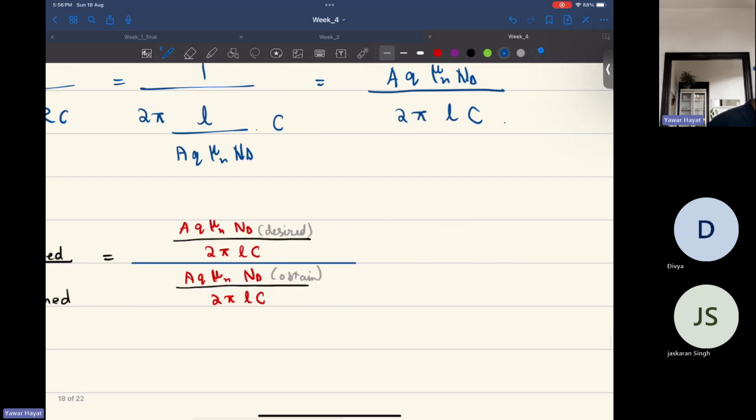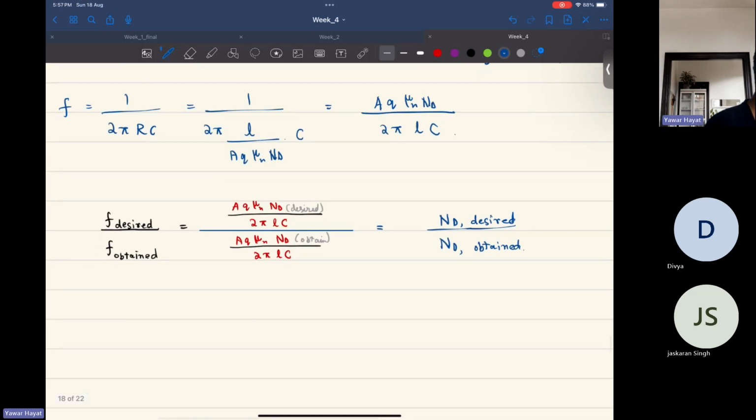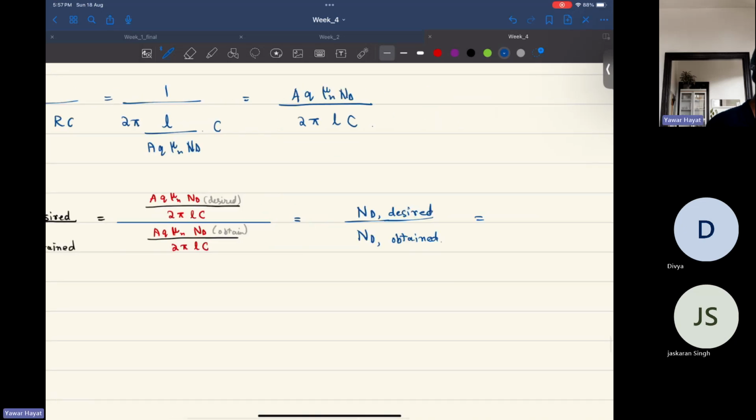What would this be equal to? See, everything would be cancelled, but this ratio ND by ND. In this case, this is the desired ND, and this is the one that we obtained, and that is equal to your 10 by 12.5, that is 0.8.